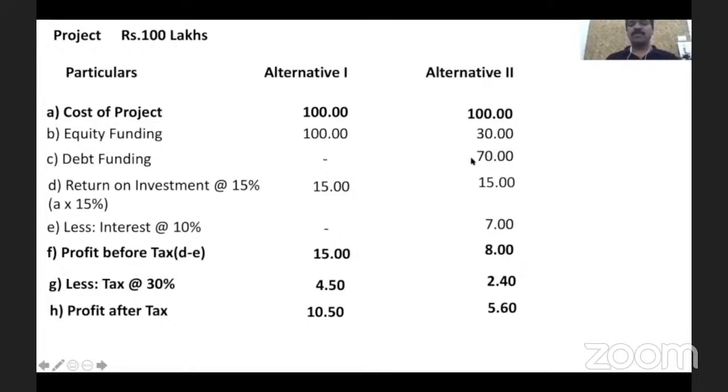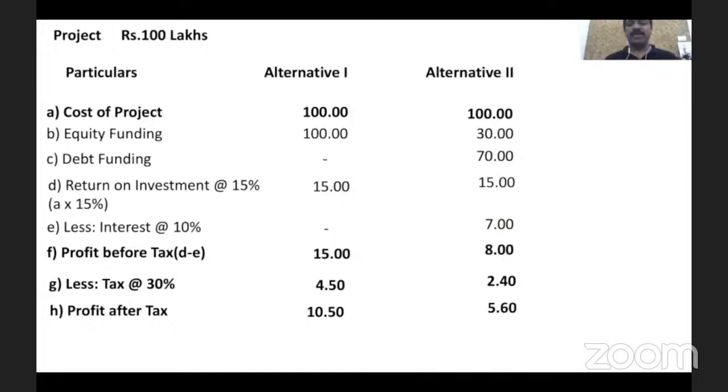Because when he borrows, he pays interest, and interest is considered a tax deductible expense by income tax authorities. It means when my business has made a profit of 15 lakhs and I pay interest of 7 lakhs, I can claim this interest as an expense. I can tell my tax authorities my profit is not 15 lakhs, I have paid interest of 7 lakhs, so my profit is only a net of 8 lakhs, and they will consider that as profit, and only on that 8 tax will be levied.